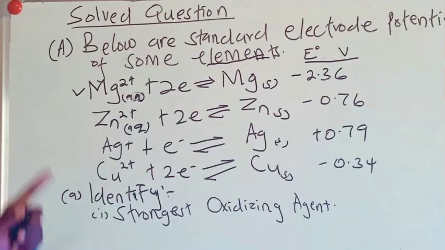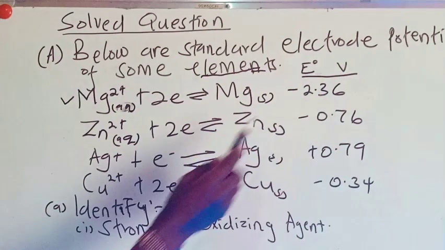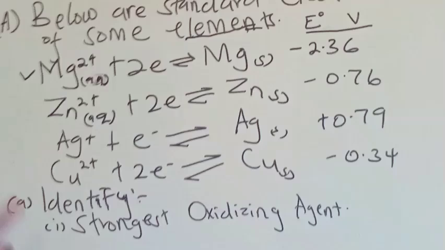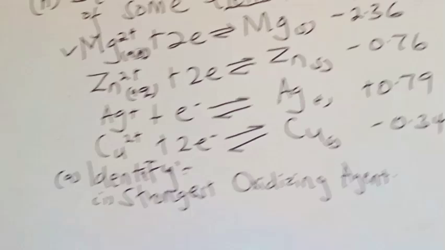Element number 2 is zinc, with an E naught value of negative 0.76. Element number 3 is silver, and silver has been given the E naught value of positive 0.79. And the last element is copper, which has been given the E naught value of negative 0.36.